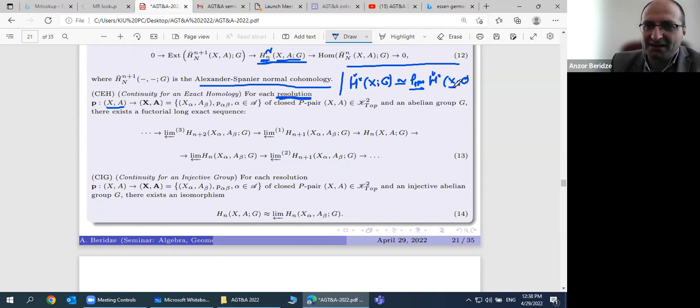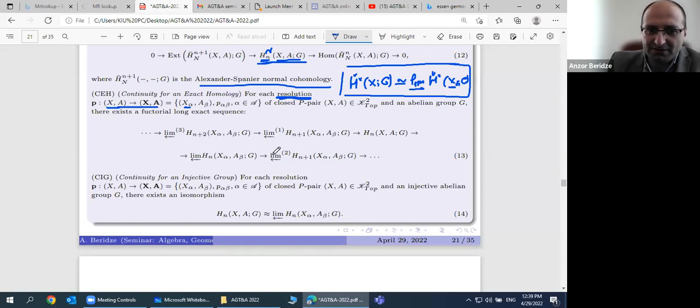What is X alpha? These X alpha are the spaces from the resolution. So Watanabe gave the example that this isomorphism is not valid for the inverse limit, but the inverse limit must be replaced by resolution. For compact topological spaces, of course, they are absolutely the same, but for general topological spaces, it must be resolution. That's why we consider resolution and we obtain such a long exact sequence for resolution.